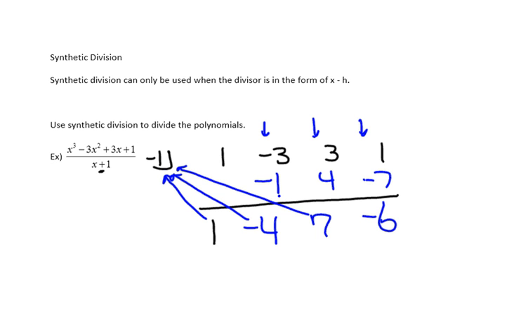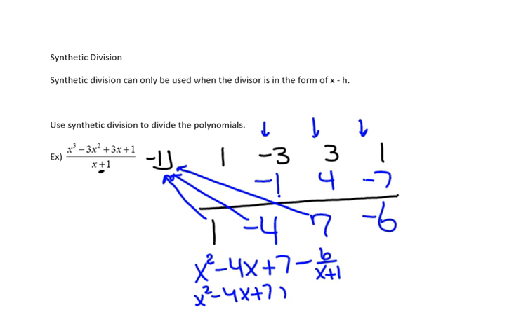Recall, x cubed divided by x is 1x squared. So I know it's going to start off with x squared and then go in descending order. Minus 4x plus 7 minus 6 over x plus 1. Or you can write it as x squared minus 4x plus 7 plus a negative 6 divided by x plus 1.